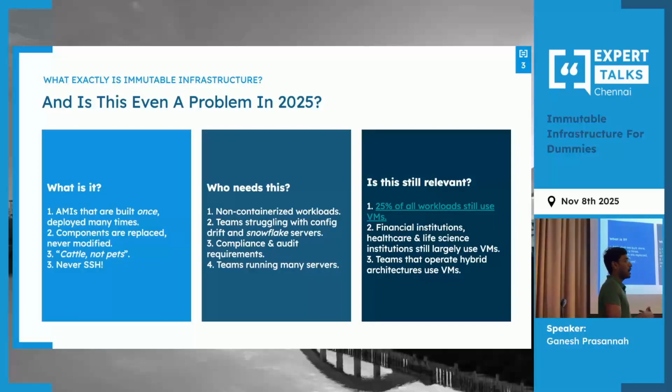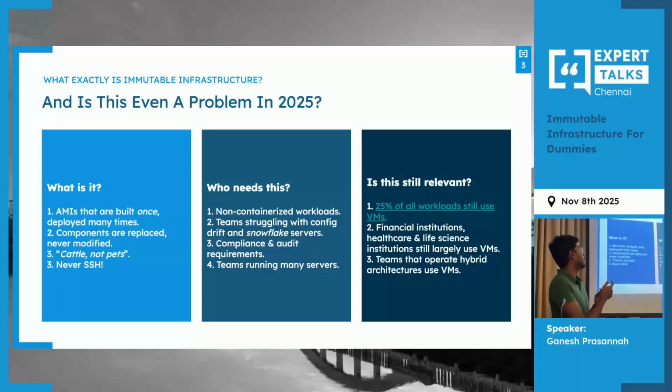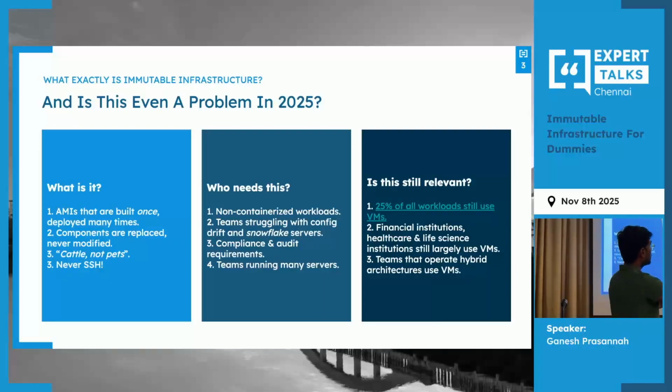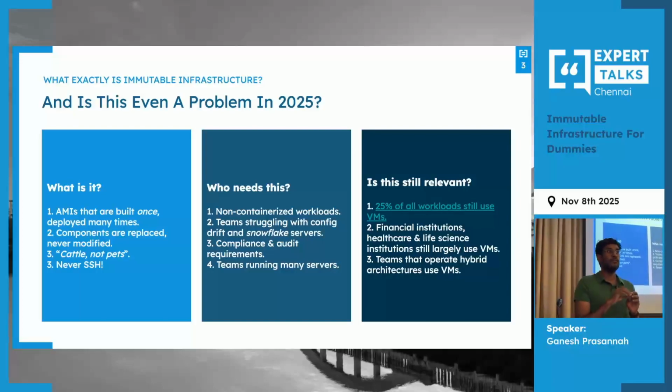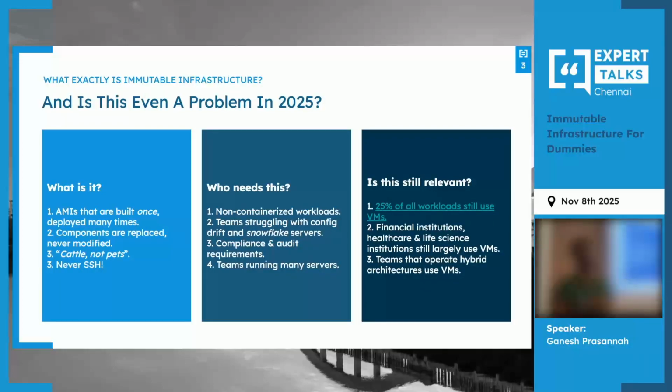There are many teams that still use non-containerized workloads for a bunch of reasons. There's a recent study, I've added a link to it, that 25% of the industry is still actually using non-Docker VM based workloads. This includes teams who have very strong audit compliance requirements.